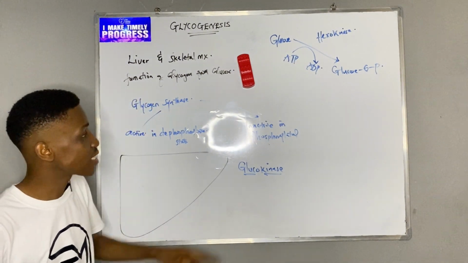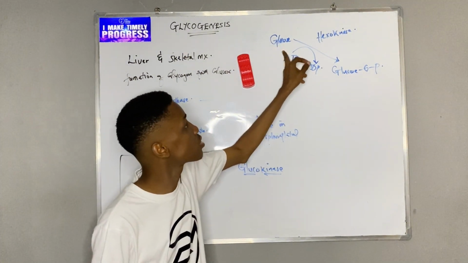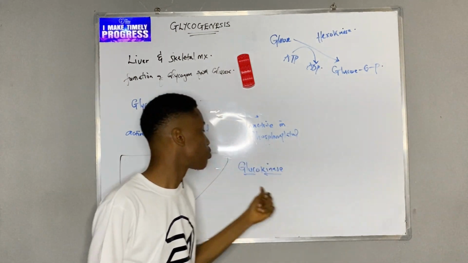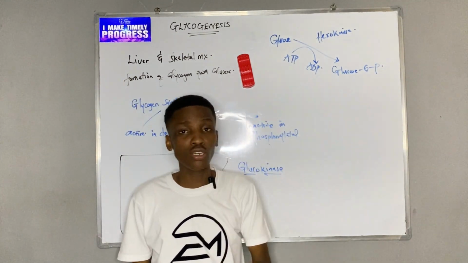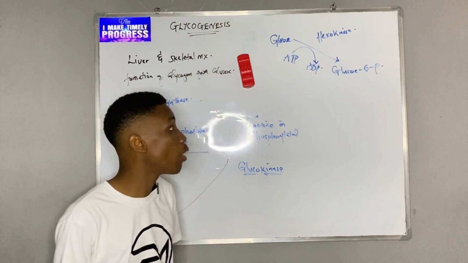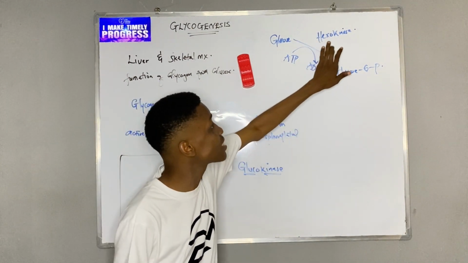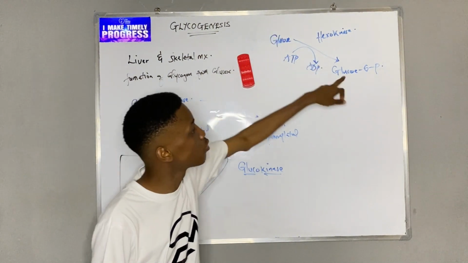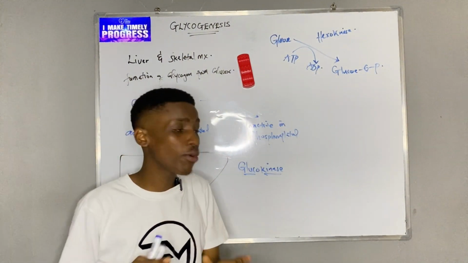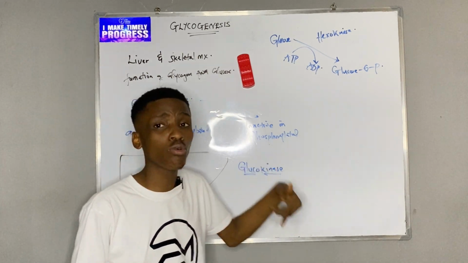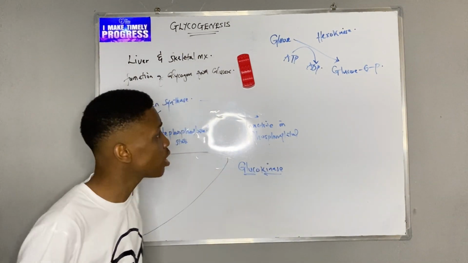And what it does is that instead of going from glucose to glucose 6-phosphate, it will go from glucose to glucose 1-phosphate. I'll mention the importance of this in a very short while. But for now, this hexokinase, glucose to glucose 6-phosphate, is going to be happening more in skeletal muscle. But in liver, we're looking at a case where it is actually glucokinase, which will put it in 1. But let's go on.